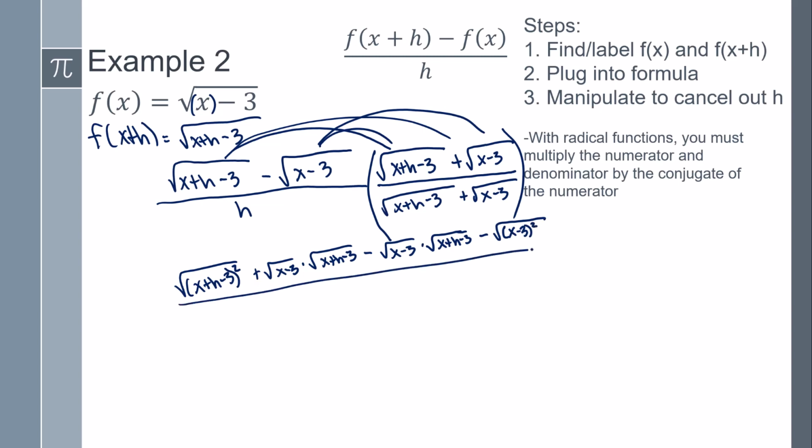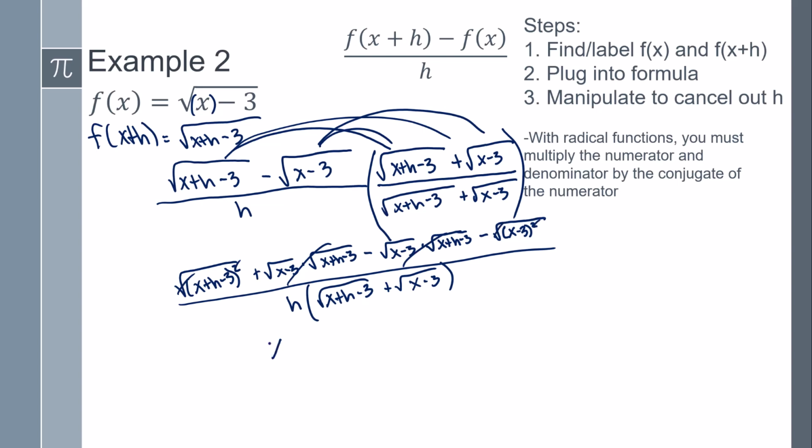And that's going to be all over h times the square root of x plus h minus 3 plus the square root of x minus 3. Now remember, you don't multiply anything through on the bottom, you just leave it alone. We got a positive and negative version. The square root and the squares cancel out.